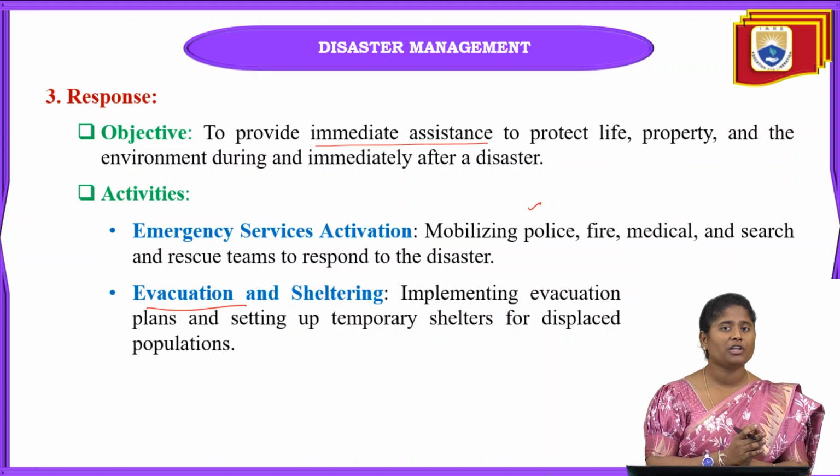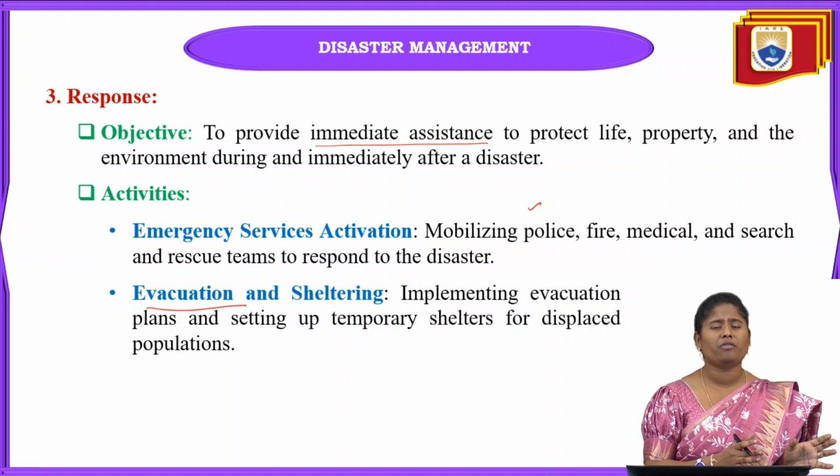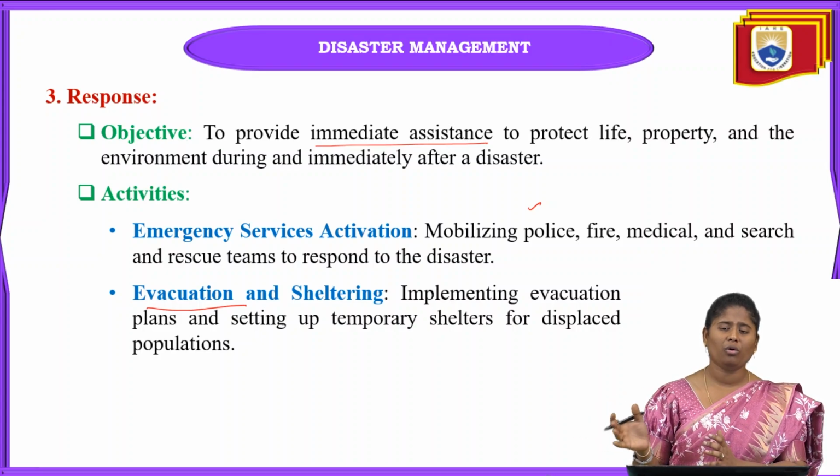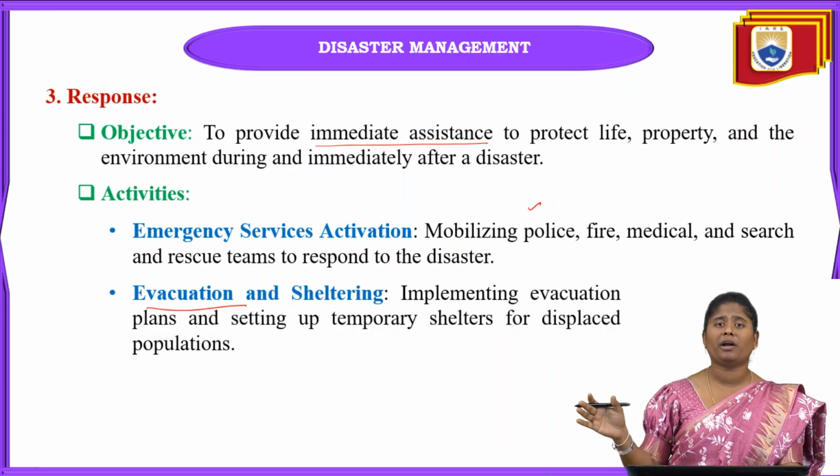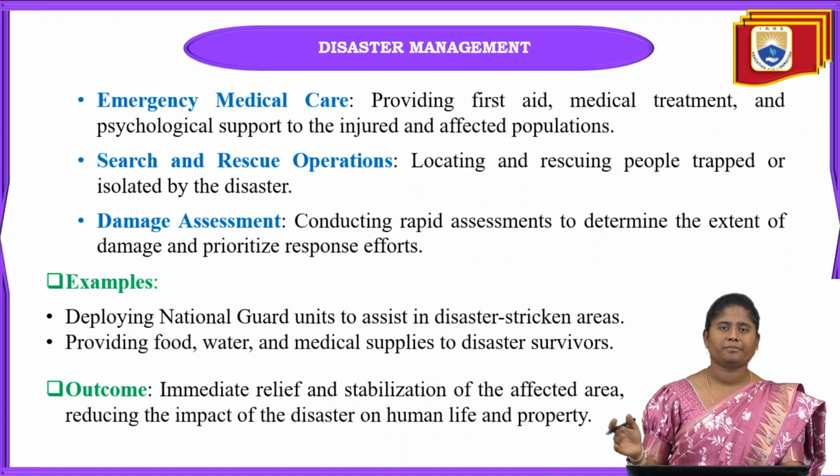For the protection we have to take those people from that unsafe area to the safe area. So in that safe area we have to construct or provide temporary shelters like tents, like that.